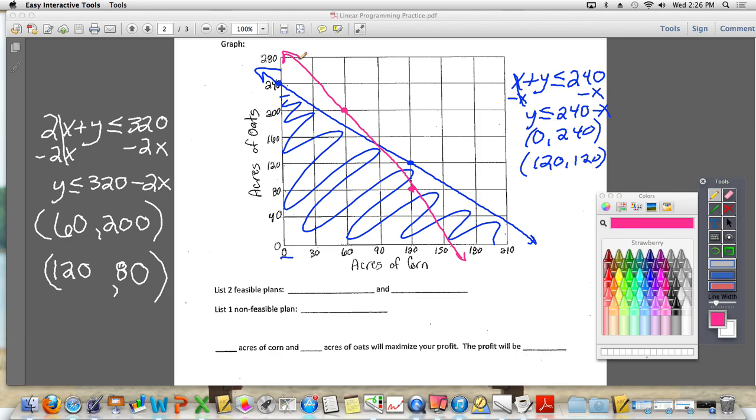So you're going to shade everything under it. The part that is double shaded is this part. Hopefully you are agreeing with me on this.